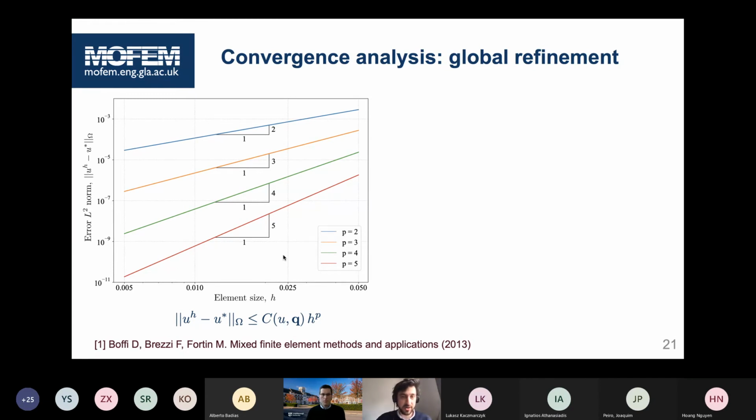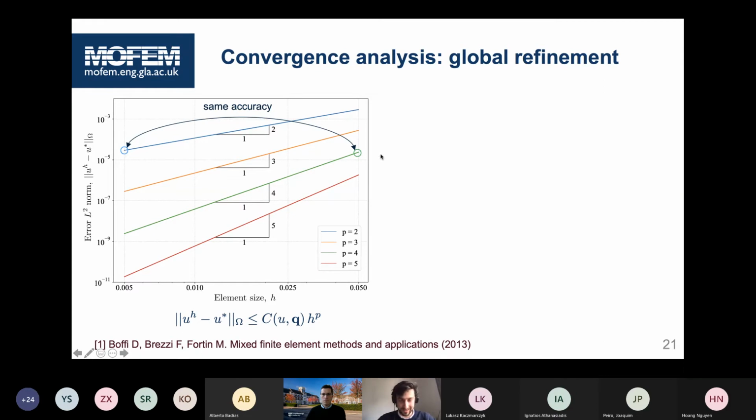And what is clear here, we can immediately see how using the higher orders is more effective than just doing the H refinement with the low polynomial orders. For example, those 2 simulations corresponding to the order 2 and order 4 have practically the same accuracy, but the one with the higher order is computed on the coarsest mesh, and the one with the low order is computed on the 10 times finer mesh.